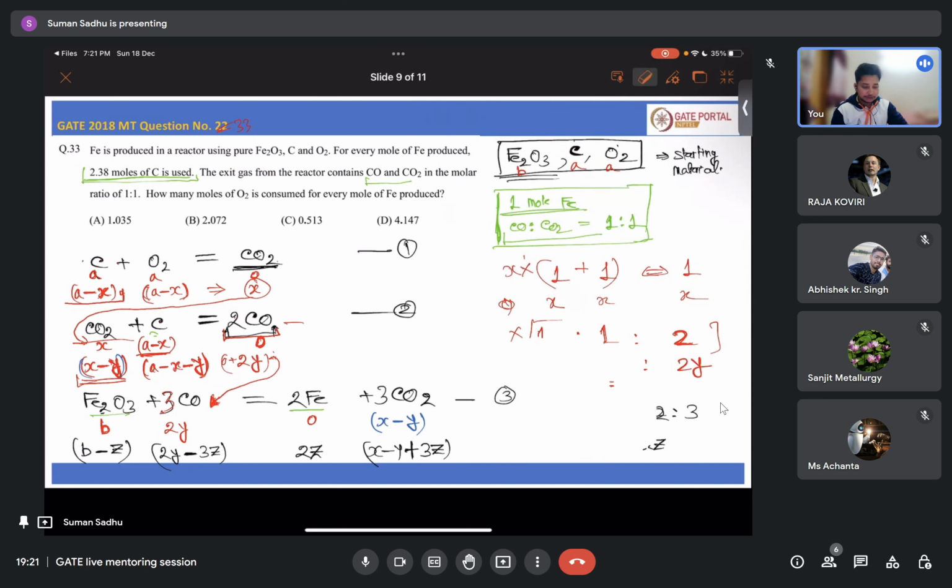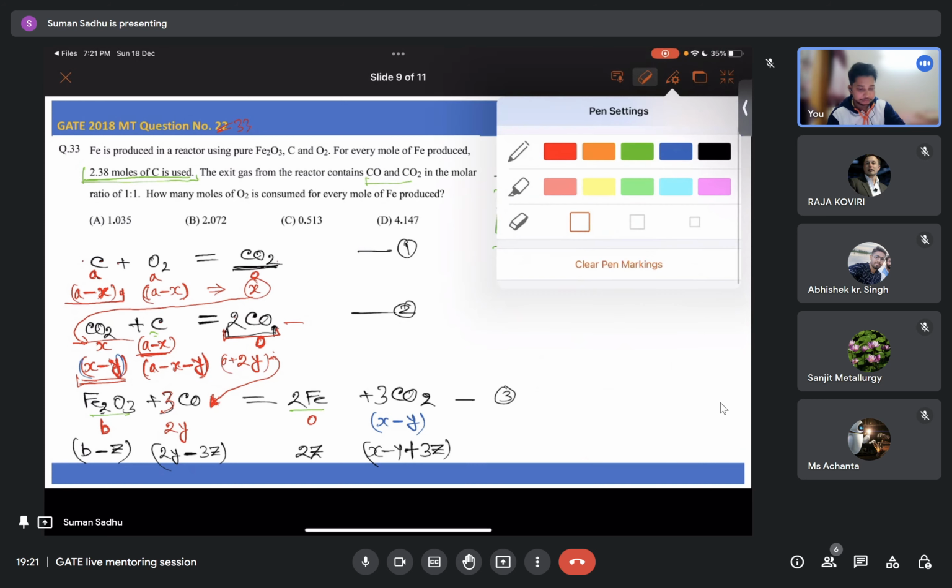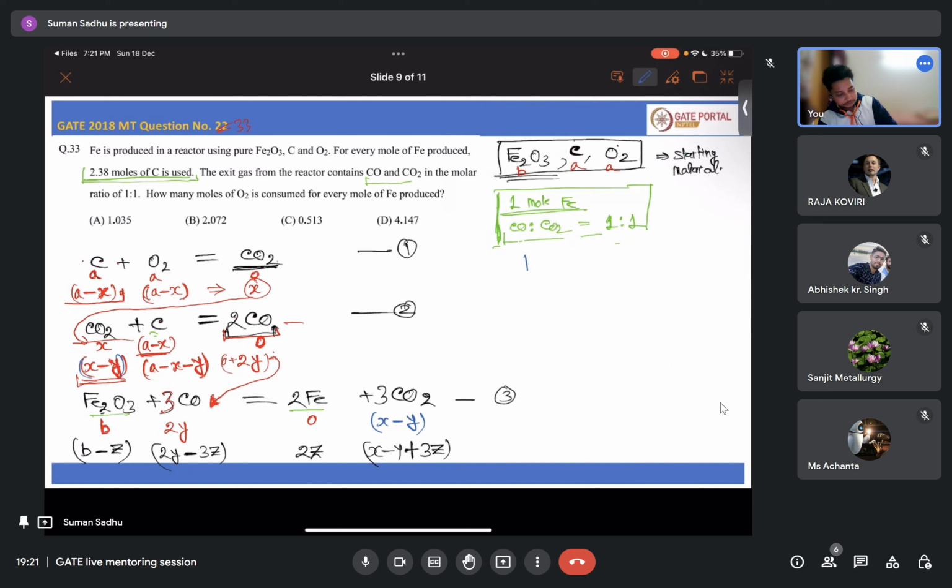Now let us see what data were given to us. According to the given data, now we can calculate. Now we have written the expression step by step, so now we have everything. Like first data was given, that is 2.38 moles of carbon is used. The CO2 ratio is 1 is to 1. And how many mole is produced?